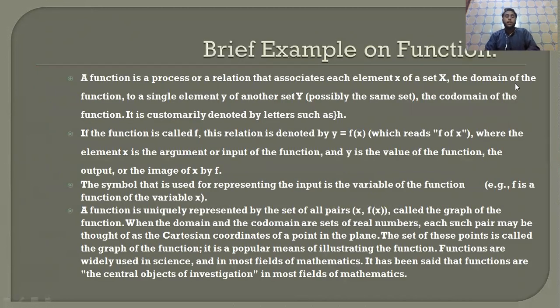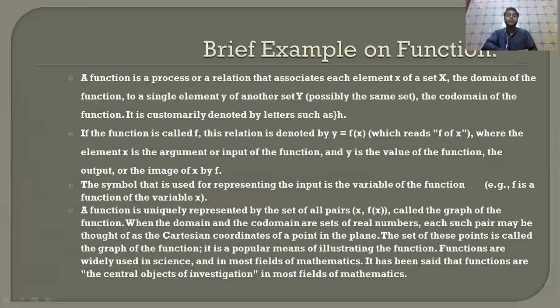Brief example of function. A function is a process or relation that associates each element of a set X, the domain of the function, to a single element of another set Y, possibly the same set, the codomain of the function.